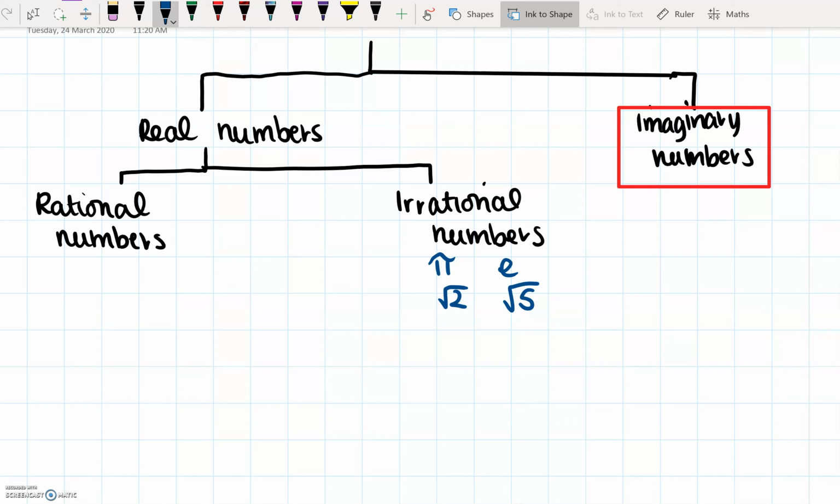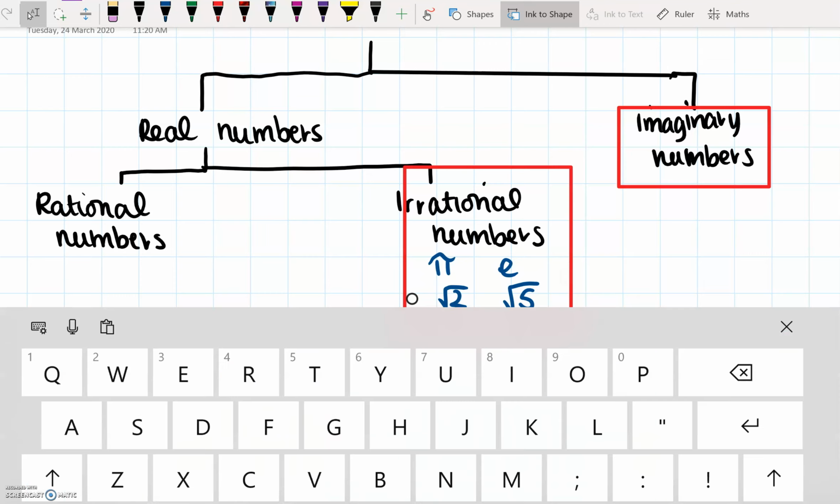Their decimal never ends, it never finishes with a nice even number that we can cancel out. So these are our irrational numbers, and that one's going to get a box around it as well because it's finished. Maybe we can make the box a bit better, we'll do that later.